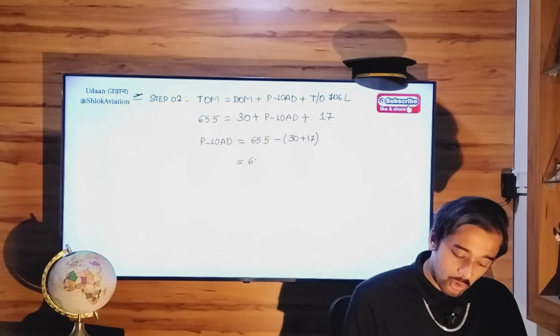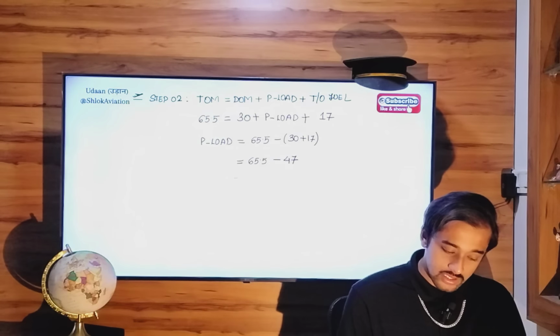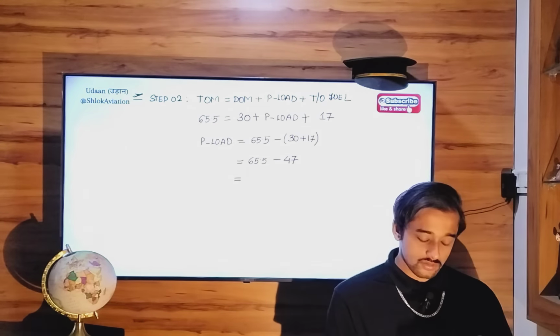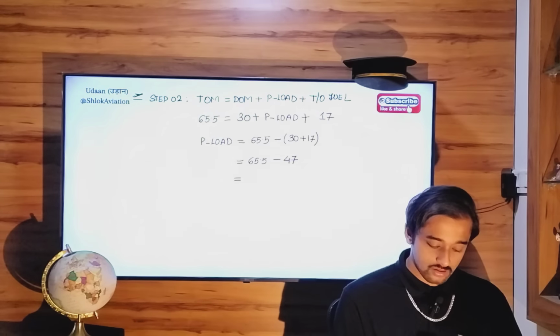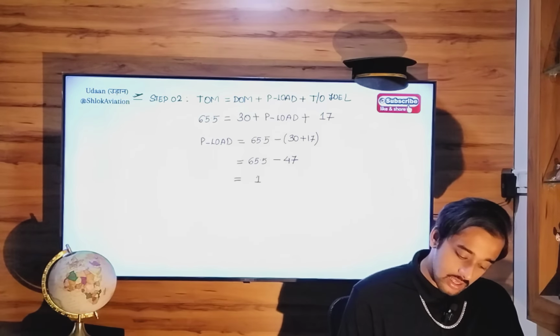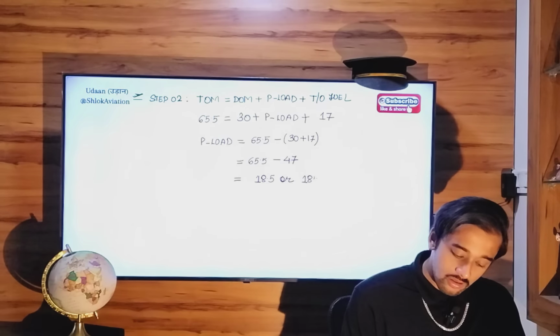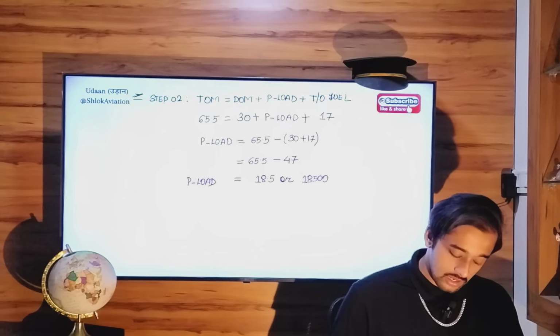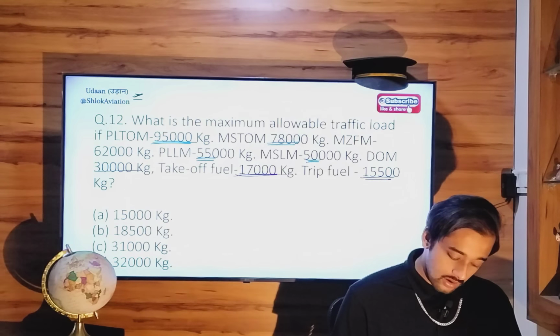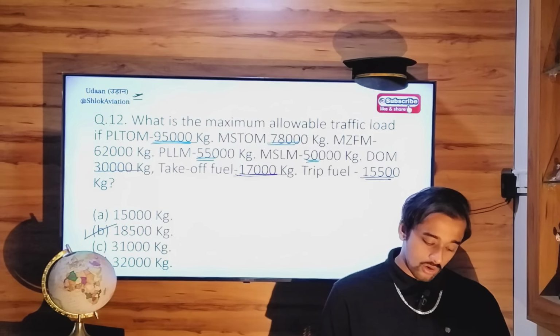So 65.5 minus 47, which is equal to 18.5 or 18,500 kg. So payload will be equal to 18,500 kg. Okay.